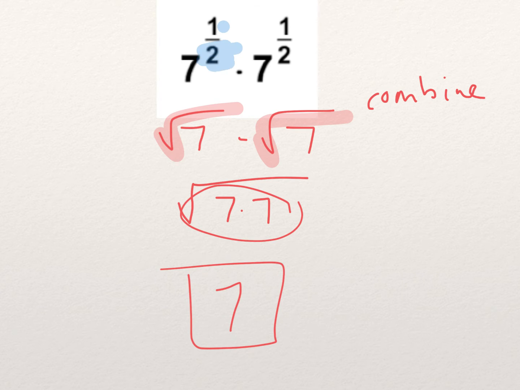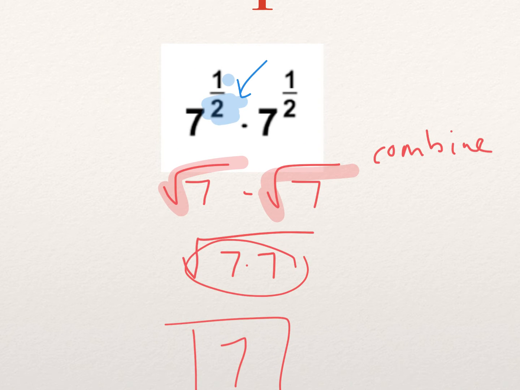So our index is on the bottom here, so whatever this number is, that goes out front. And remember, if it's a 2 as your index, you don't have to write it. Why didn't we multiply the 7s by 7s?